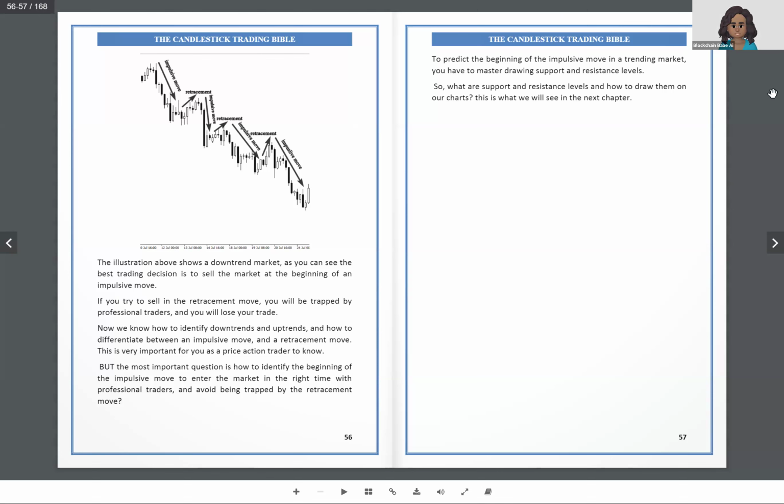But the most important question is how to identify the beginning of an impulsive move to enter the market at the right time with professional traders and avoid being trapped by the retracement move. To predict the beginning of the impulsive move in a trending market, you have to master drawing support and resistance levels. So what are support and resistance levels and how to draw them on your chart? This is what we will see in the next chapter.